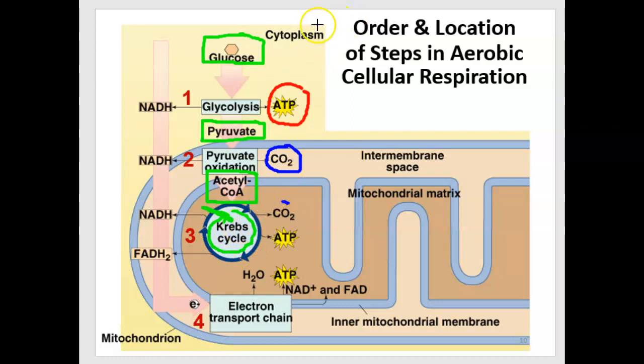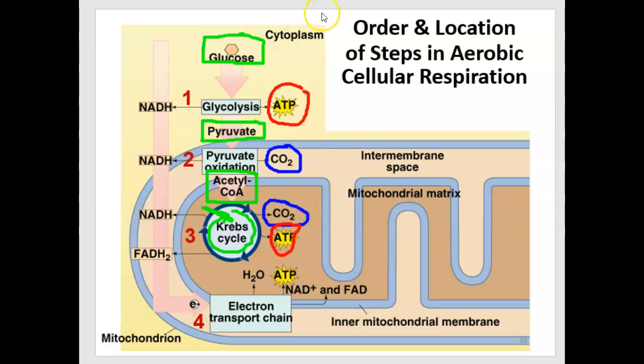So there is a product that's organic, but truthfully, most of the carbons are going to be released as carbon dioxide. Now, during this process, we do produce ATP, but not very much, even less than in glycolysis.